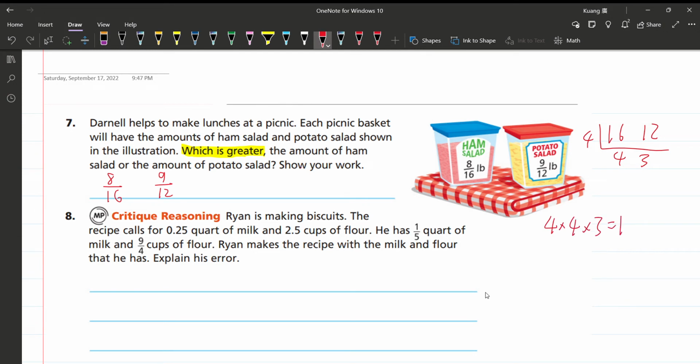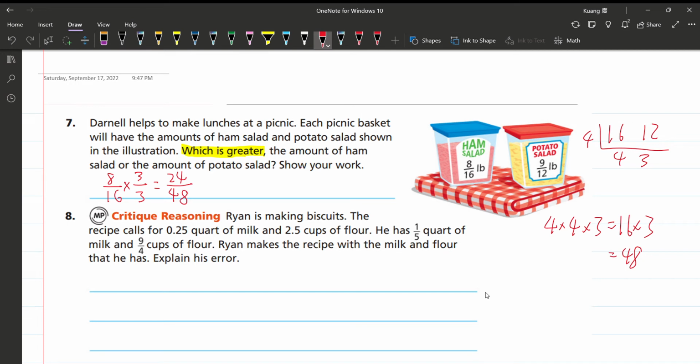It will be 16 times 3 equals 48. To become 48, 16 must be multiplied by 3. So for 8 over 16, I multiply by 3 over 3, and it becomes 24 over 48.